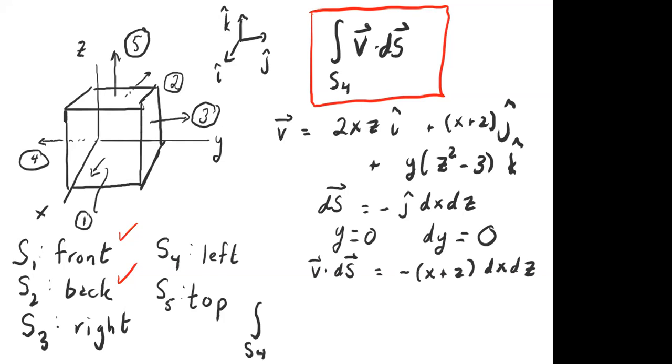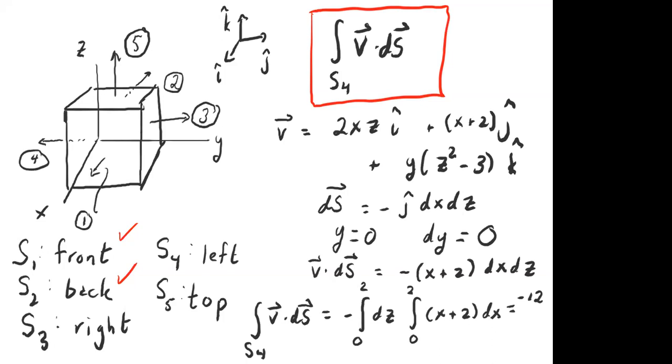The flux of v over S4 is going to simplify into evaluating two integrals, one over z and the other over x. Again, x and z are independent variables. So this two-dimensional integral breaks up into two separate, distinct one-dimensional integrals, which you can evaluate, and this one is minus 12.